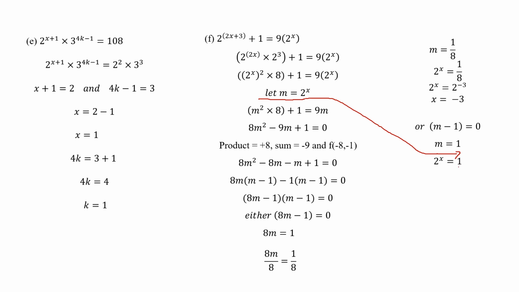So the 1, remember now, is the same as 2 power 0. Then I equate the powers and I get my x as 0. So I'm having two values of x in this example here.